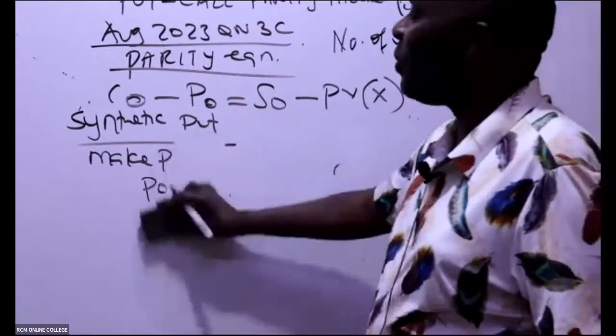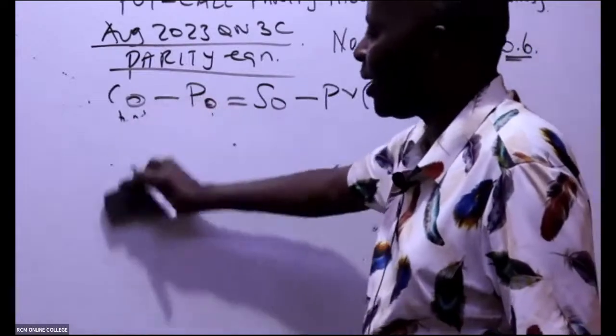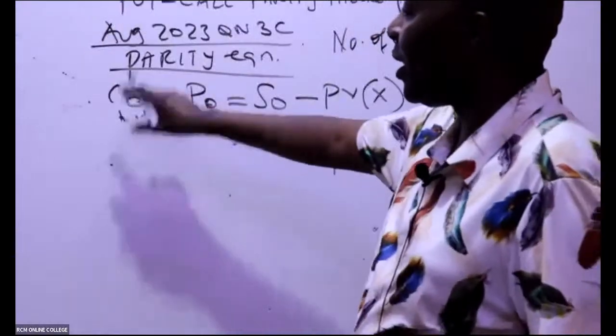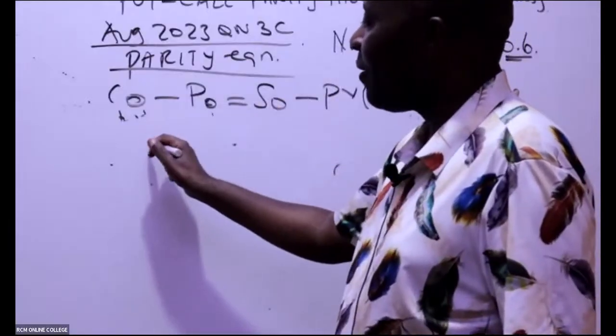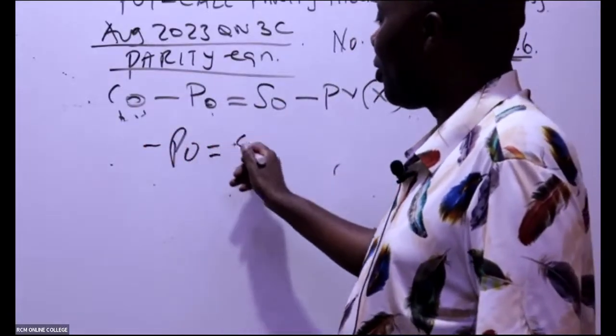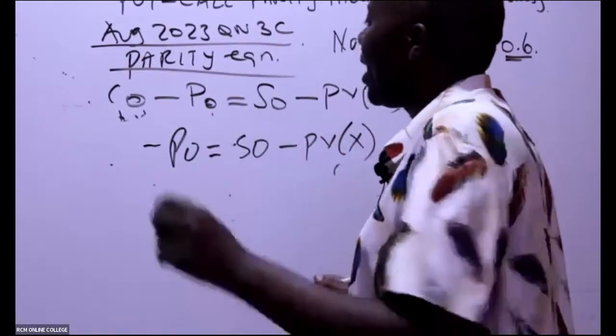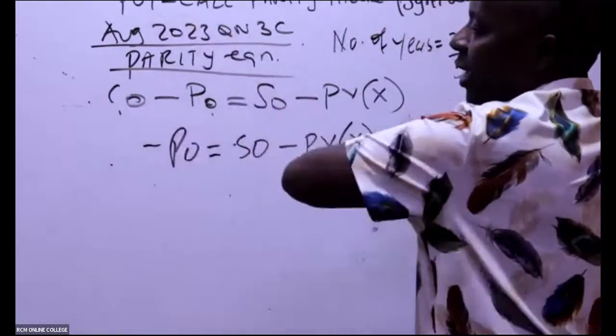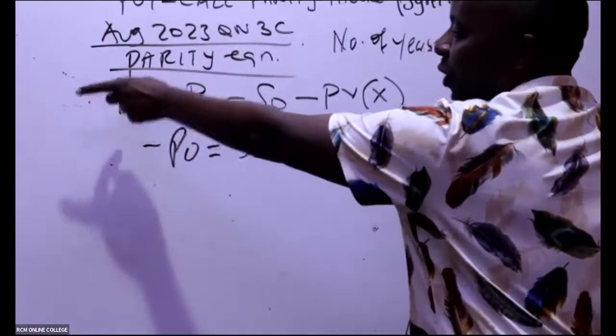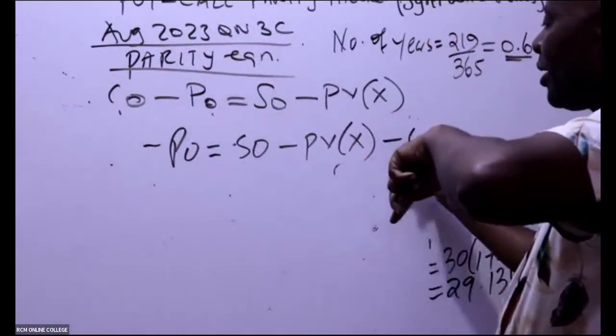If making PO the subject is an issue for you, then what some people will do is take this CO to the other side. So they'll say minus PO equals SO minus PV of X, and then CO is crossing over. Upon crossing over, it becomes minus.